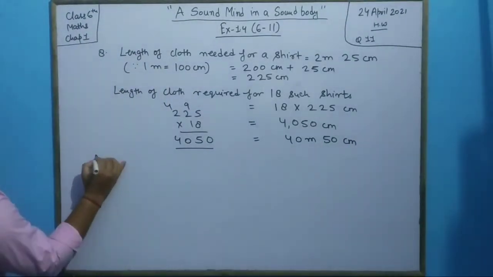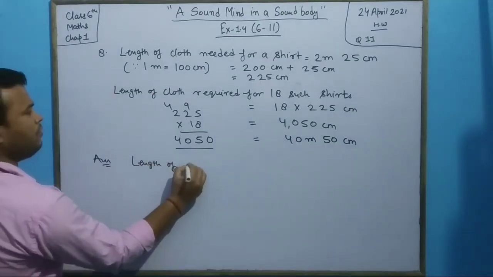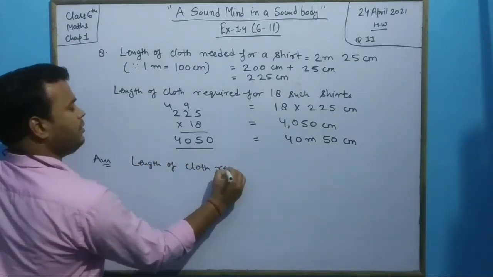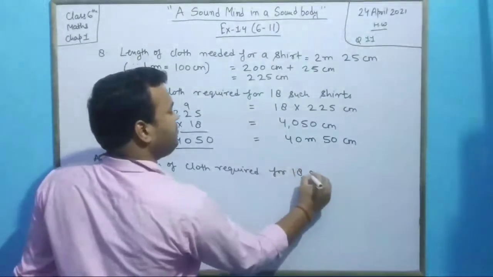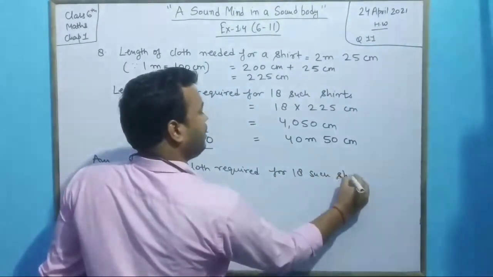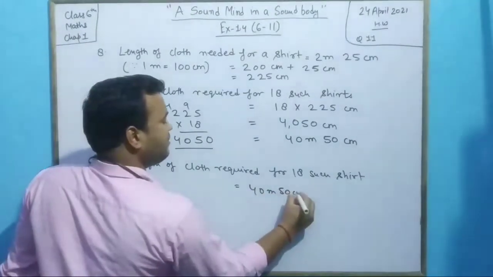Now finally we can write the length of cloth required for 18 such shirts will be 40 meter 50 centimeter.